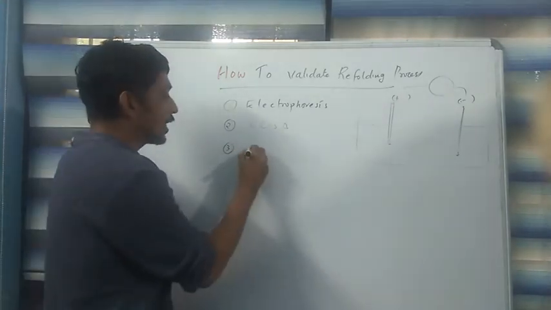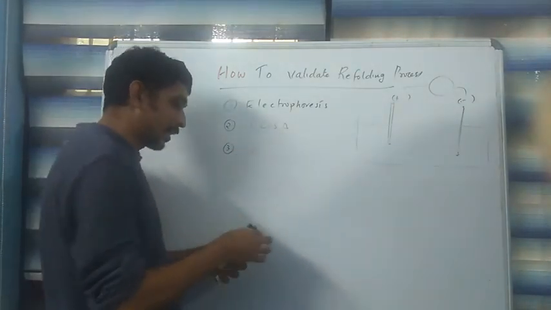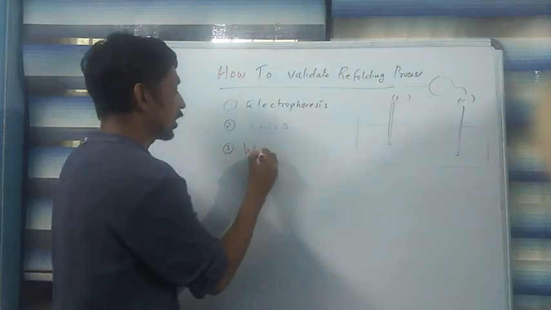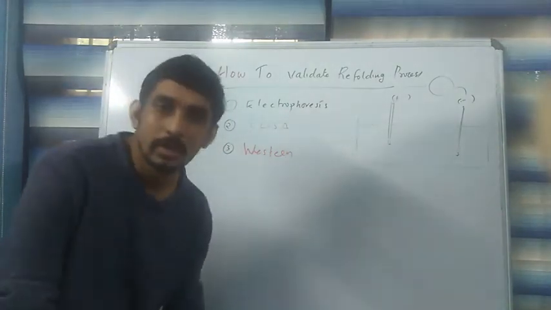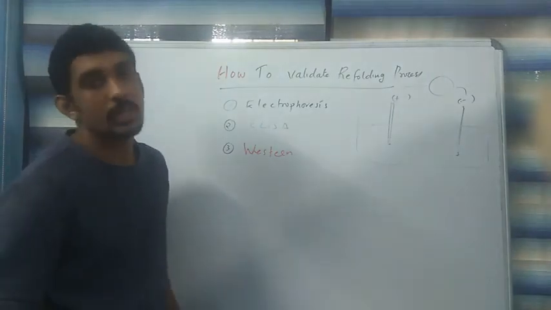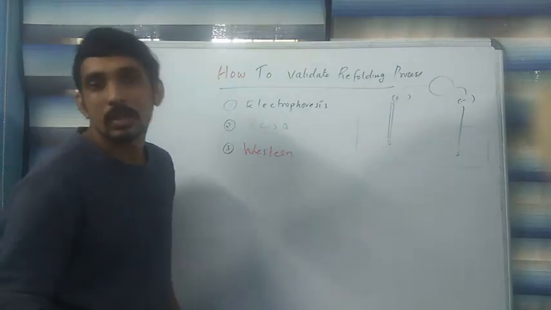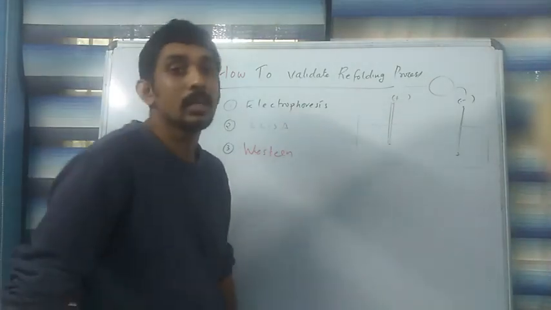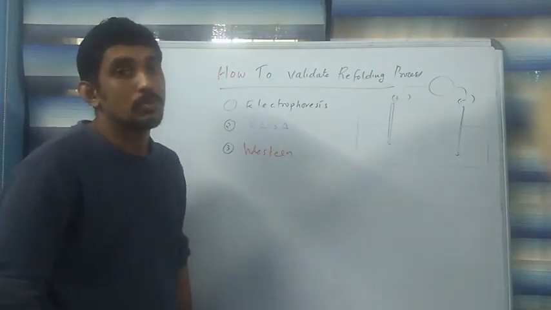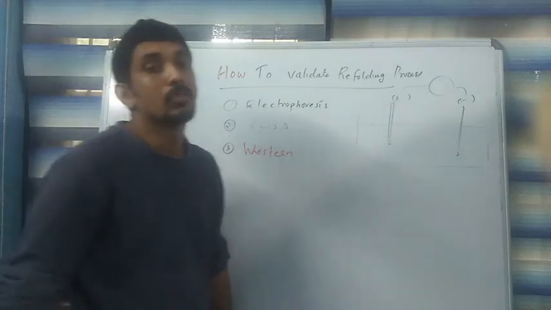Like that, we can depend on the blotting technique, mainly Western blotting. We already studied Northern blotting, Southern blotting and Western blotting. Among these, the Western blotting technique is used for validating the refolded protein.